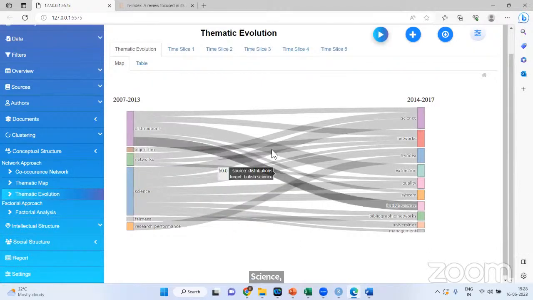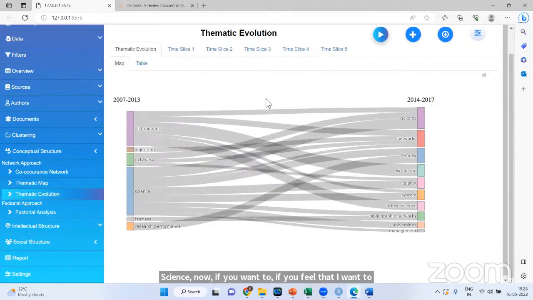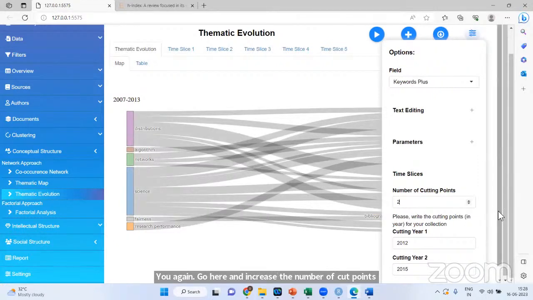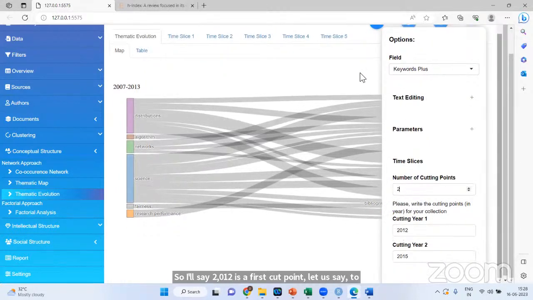Now, if you feel that you want to insert one more time period slice here, definitely you can do this. You again go here and increase the number of cut points by 2. So it will ask where you want to keep the cut point. I'll say 2012 is the first cut point. Let us say 2015 is my second cut point. Okay.